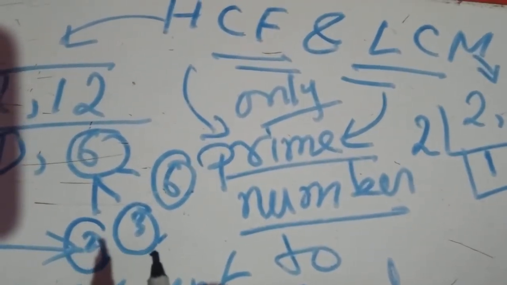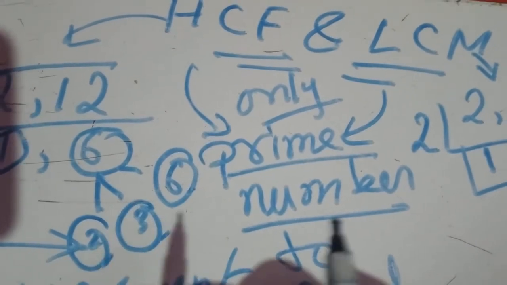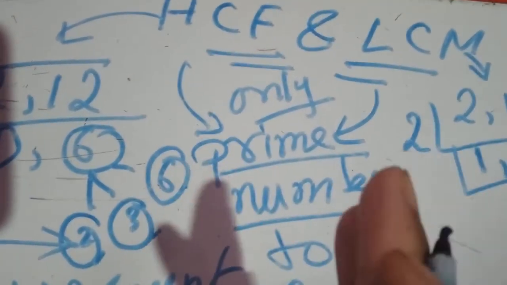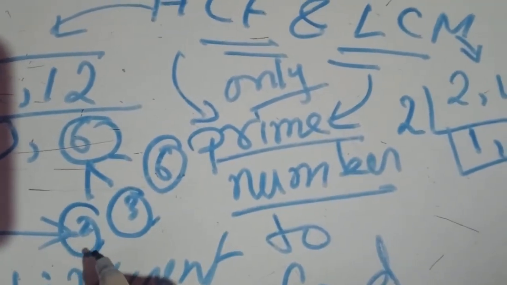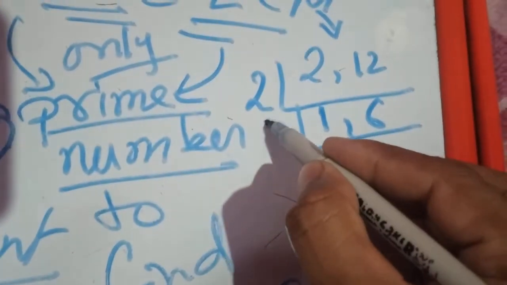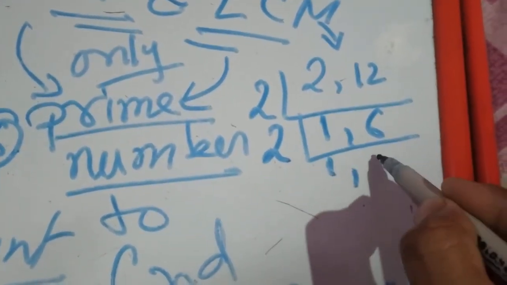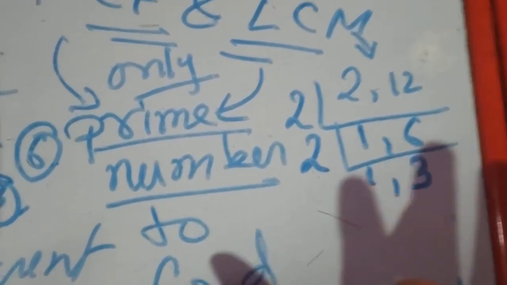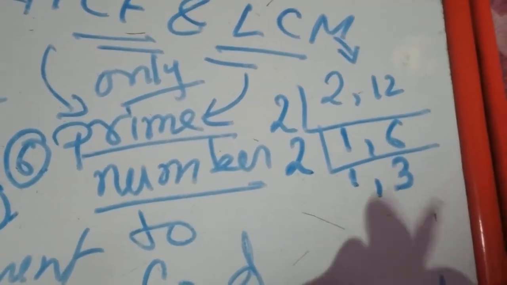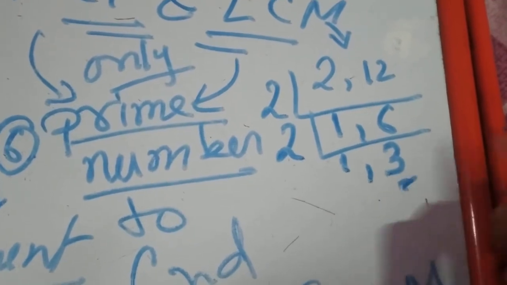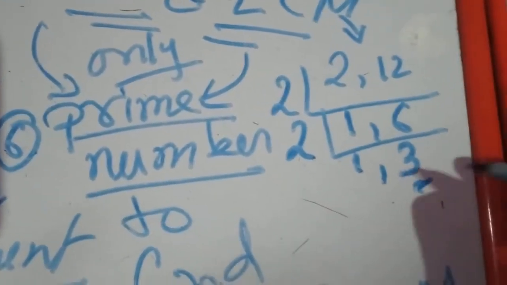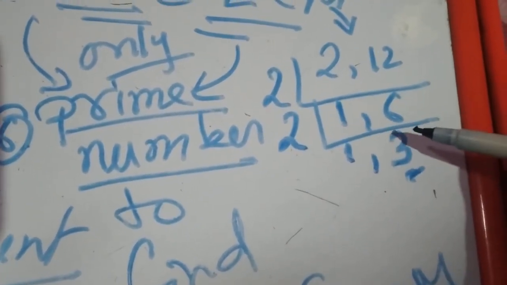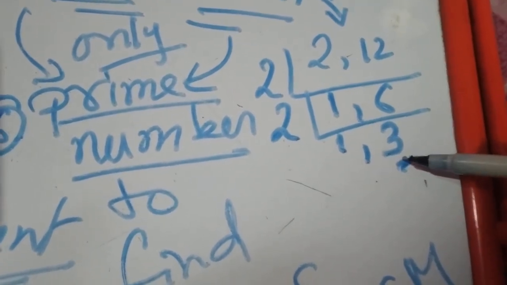The rule says we have to use the smallest number first, so we'll use 2 first. We divide by 2, and get 1 and 3, and we have to continue as long as the number does not come as a prime number in the end.